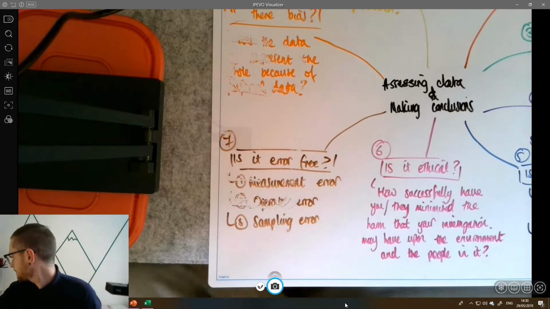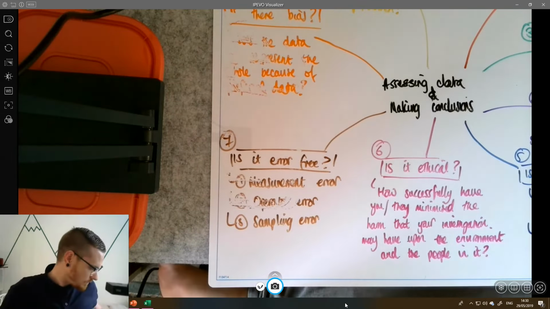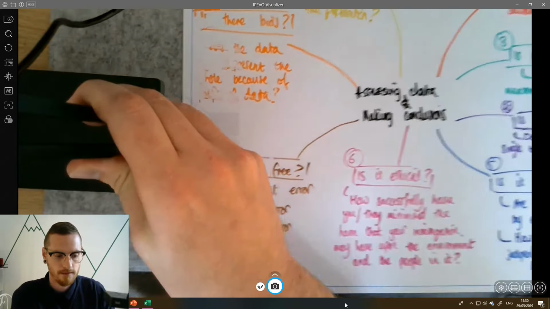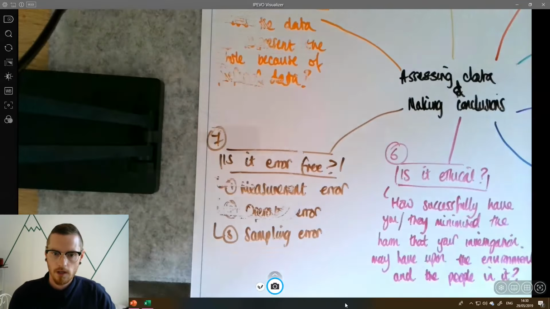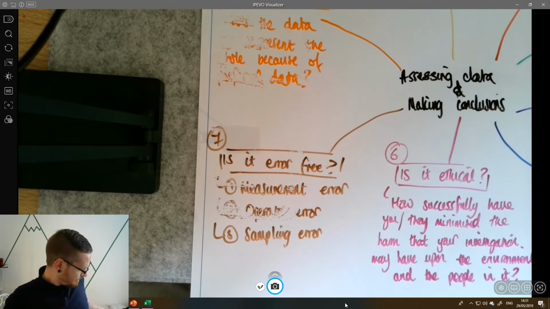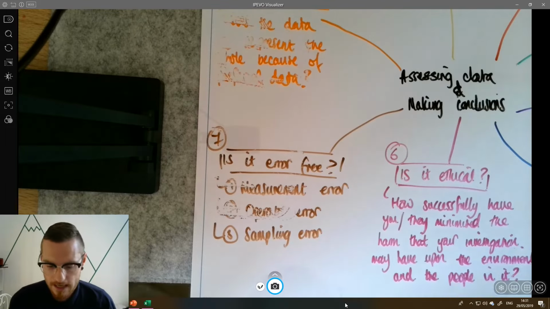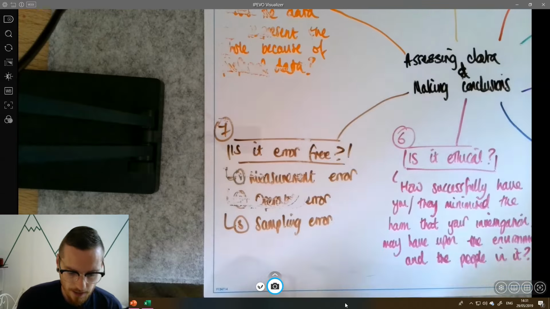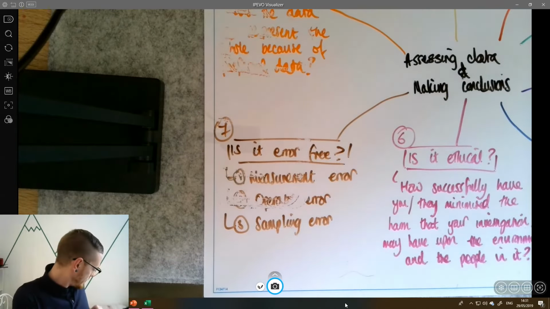Over here, we can look at, give me a second, whether the data is error-free. Now, in terms of it being error-free, what we mean by that here is, and I'm just going to rewrite this, is whether it has any measurement errors.